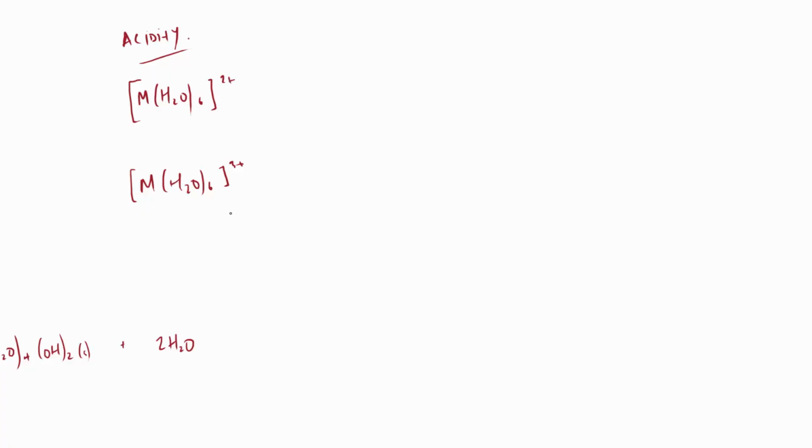These have different acidities. They would have different pHs, even if it was the same metal ion, based on the 2 plus and the 3 plus. And the reason is that in particularly the 3 plus case, this metal ion has a higher charge to size ratio, which ultimately means that this thing here is more polarizing.